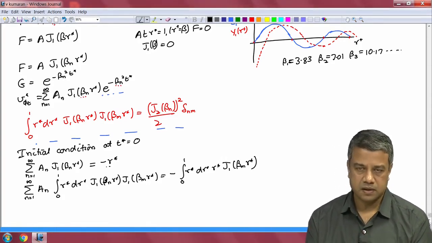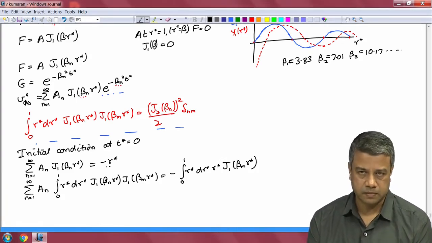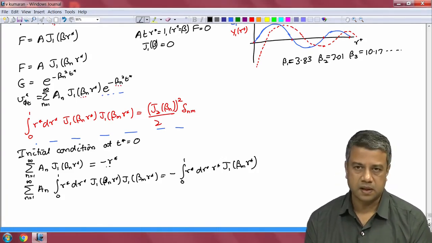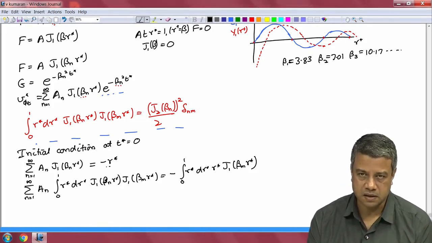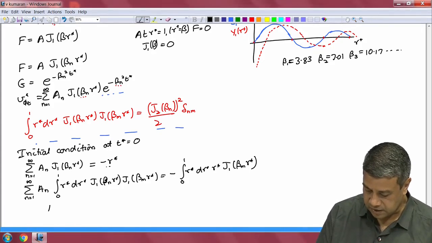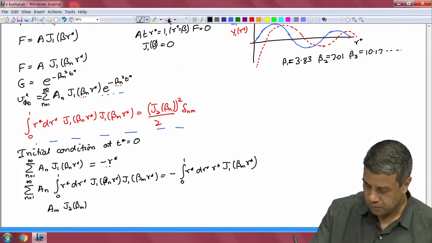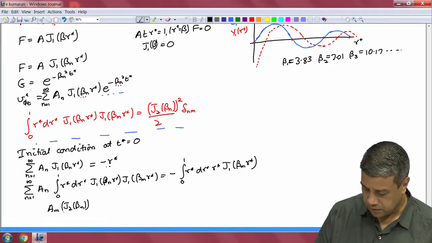Now, the integrals on the left and right sides you can determine from standard tables or calculate numerically. The left side you are guaranteed is 0 if n is not equal to m. So, on the left side I will get a m into J2 of beta m whole square delta n m.